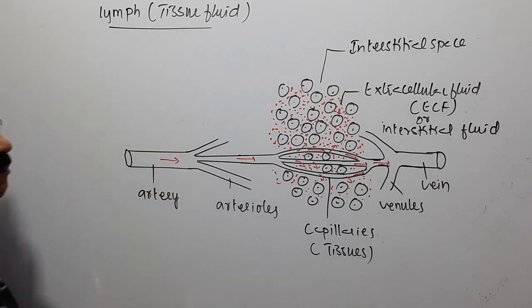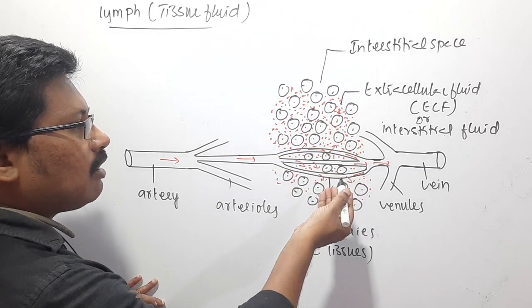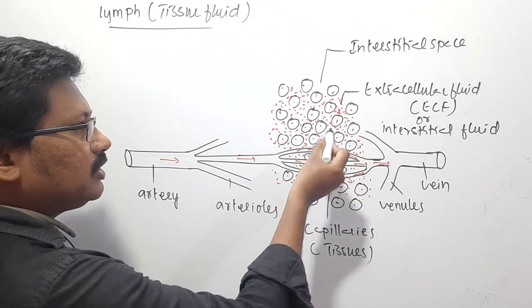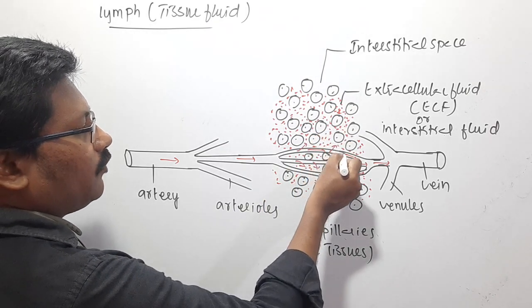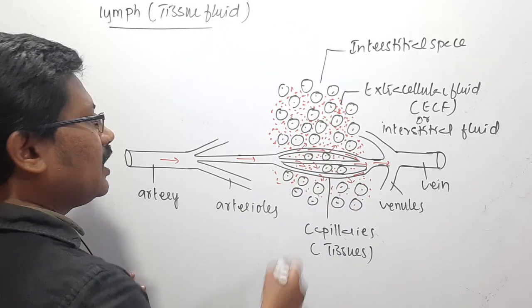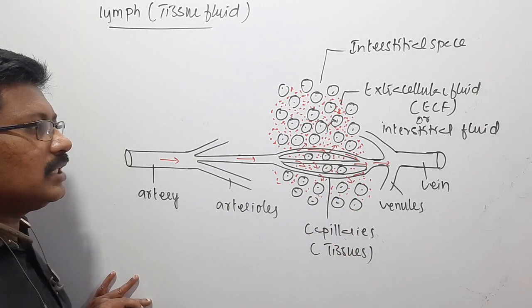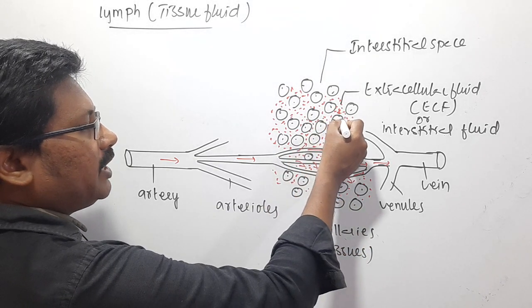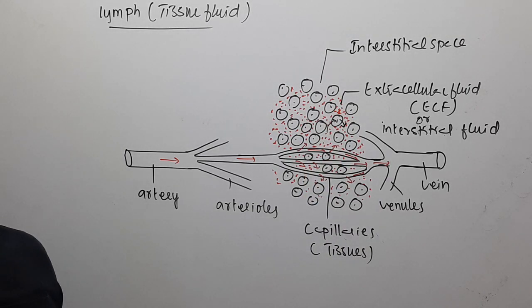Right. Now the exchange of oxygen and carbon dioxide, everything takes place through this ECF. So here the oxygen from the capillaries will diffuse into the ECF, and from the ECF it enters into the cells, and the carbon dioxide will come out of this ECF, right?